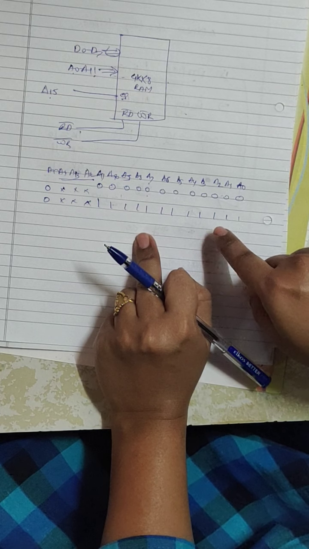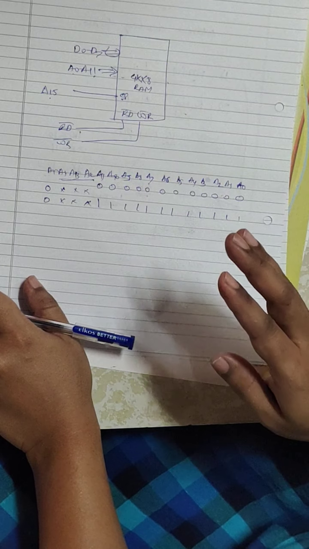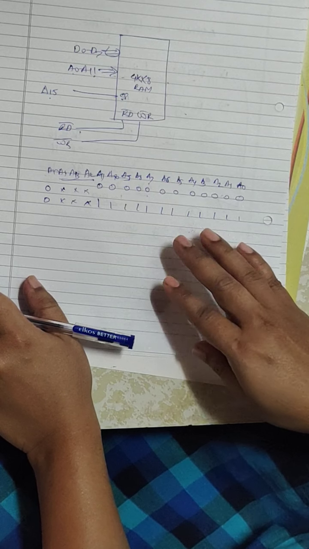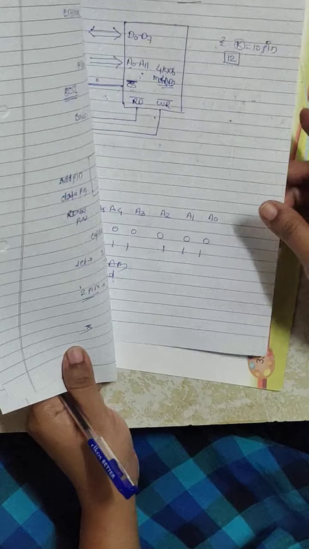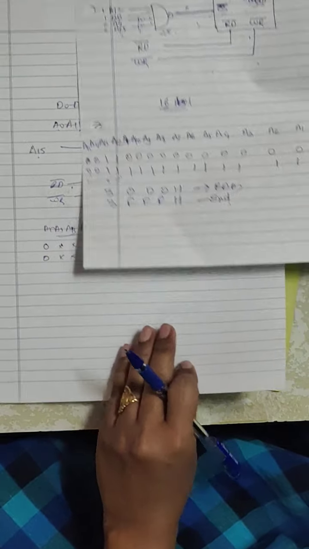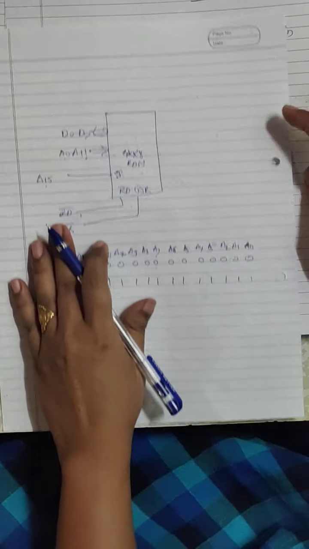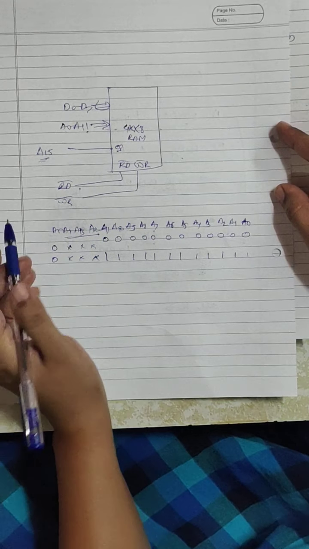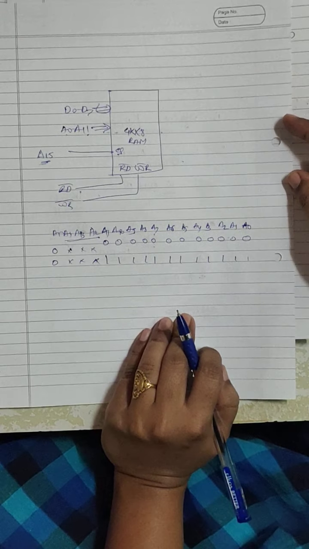The question may ask: differentiate between the absolute and linear decoded technique. In case of the absolute decoded technique, all the address pins must be used. In case of the partially decoded technique, from the remaining pins, any one pin is used for the generation of the chip select signal.